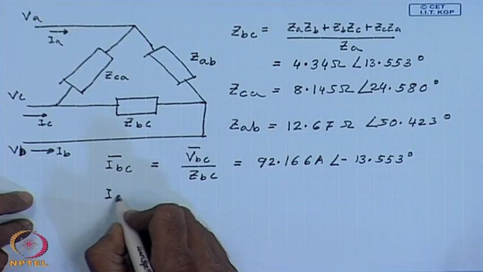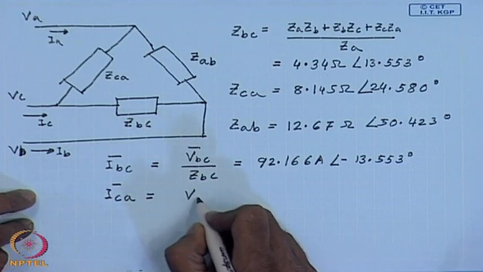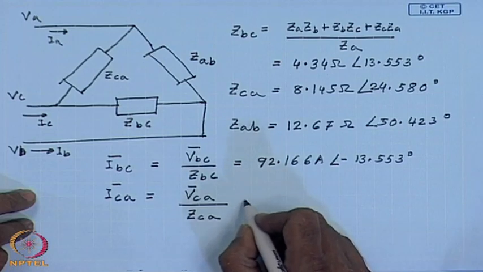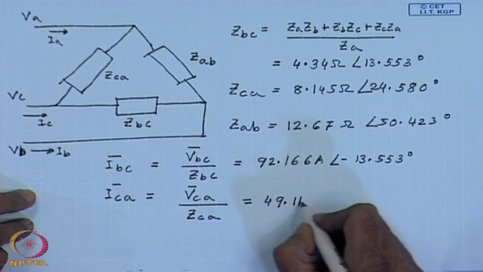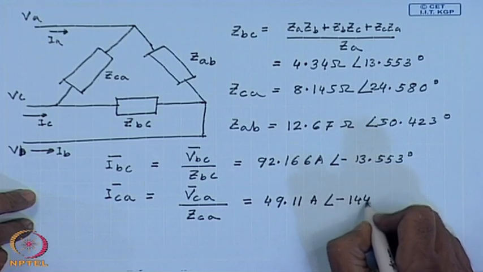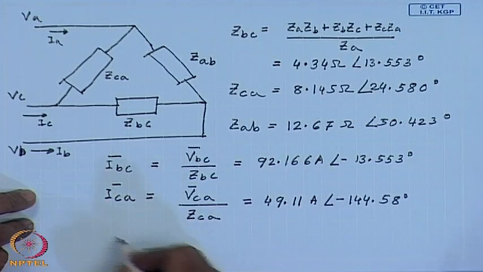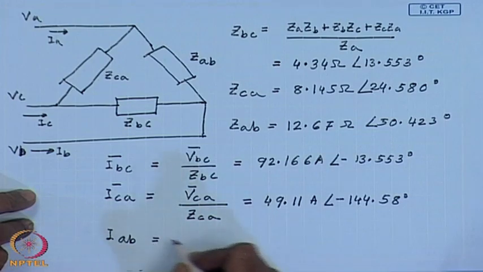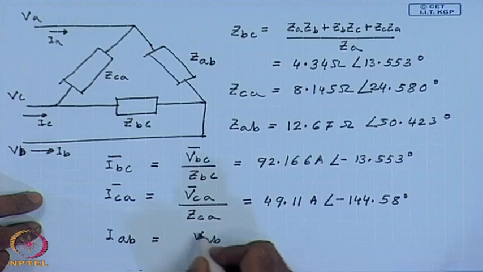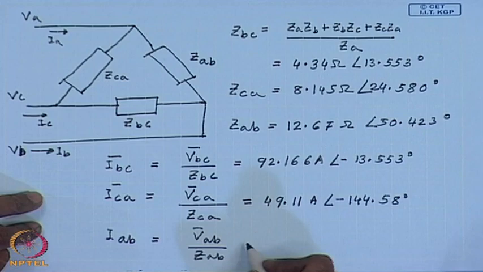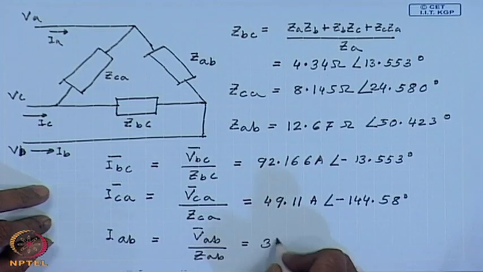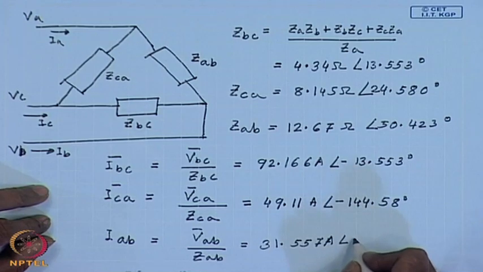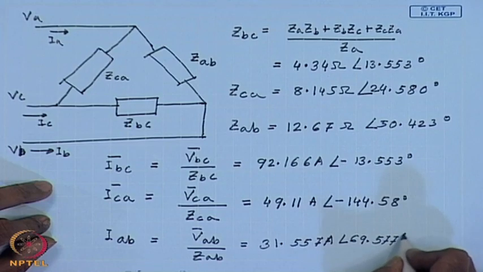Similarly, I C A will be V C A by Z C A equal to 49.11 ampere, angle of minus 144.58 degrees, and I A B equal to V A B by Z A B equal to 31.557 ampere, angle 69.577 degrees.